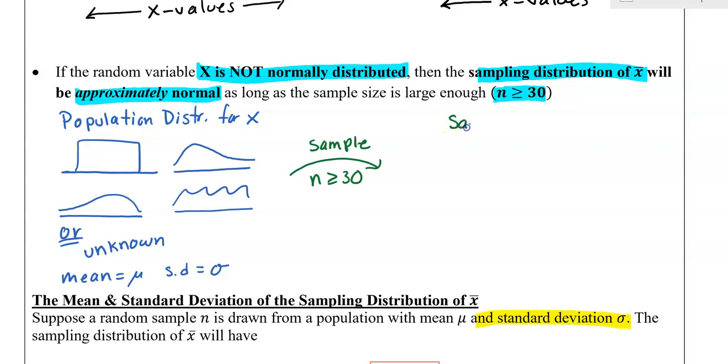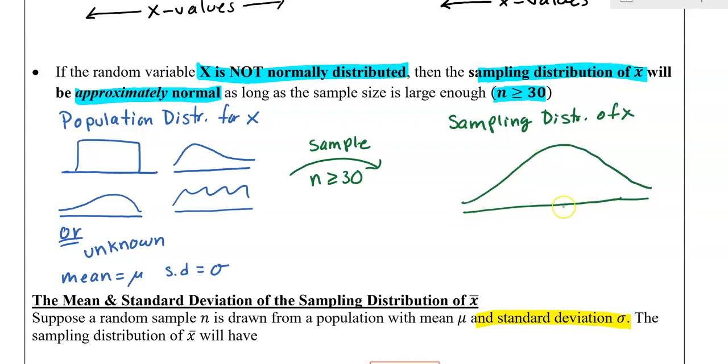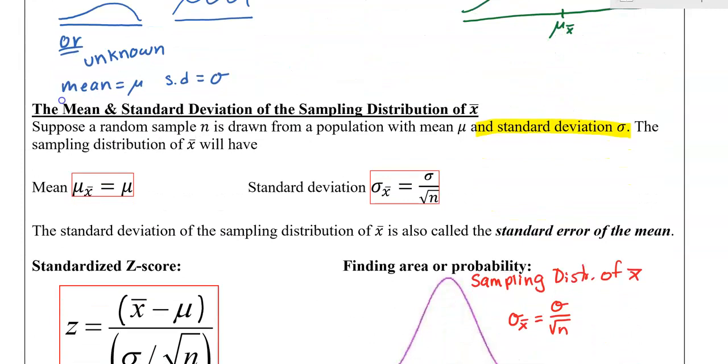So the sampling distribution of x bar is still normal. Of course, the center is still mu of x bar, and the standard deviation is still sigma of x bar because this is about x bar values. Now, the distribution for x bar has a mean of mu of x bar and a standard deviation of sigma of x bar. But how do you exactly find those values?